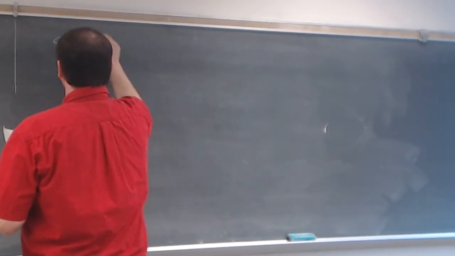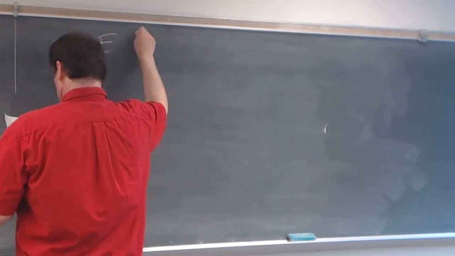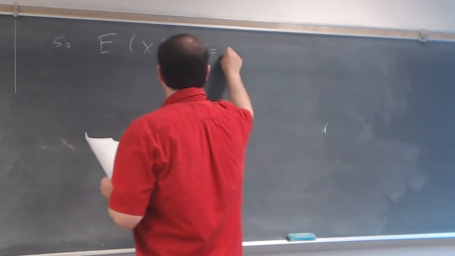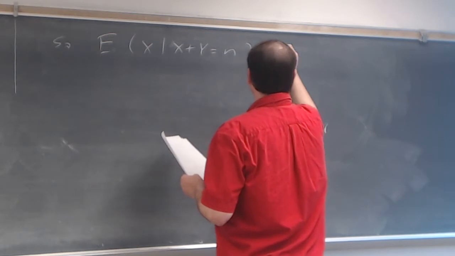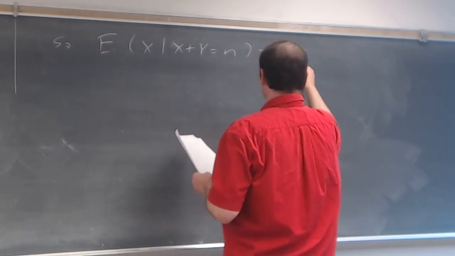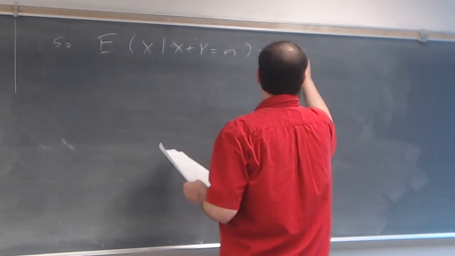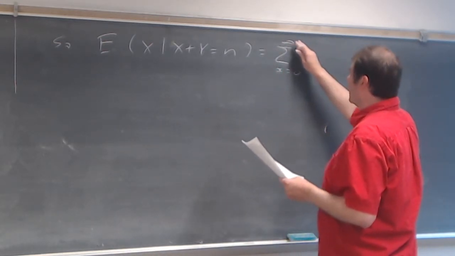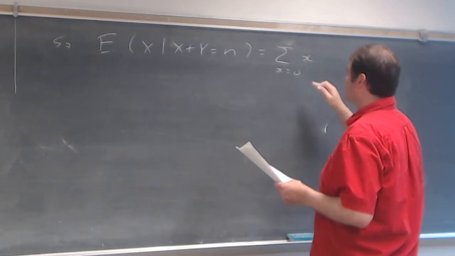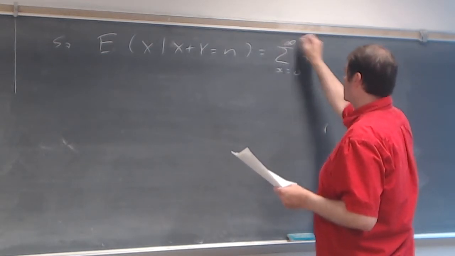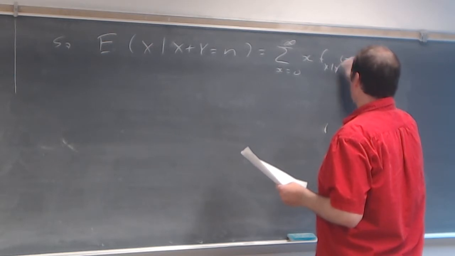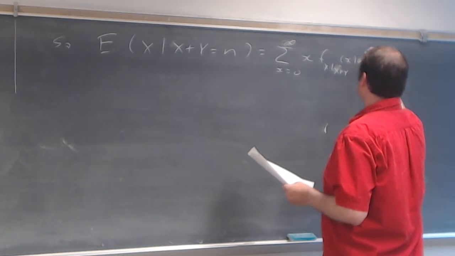So, the expected value of x given x plus y equal to n equals a sum, as x runs from 0 to infinity, of x times f of x given x plus y, that is, x given n.